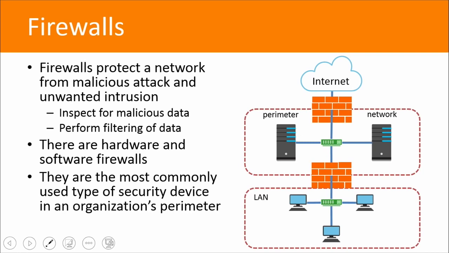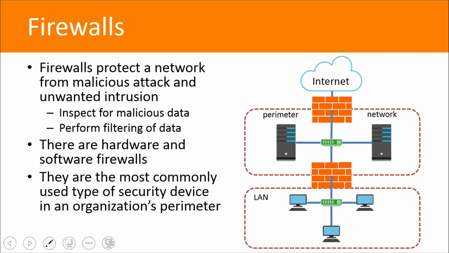Whether it's an extranet, an intranet, or just a plain old simple LAN. Something that's cool to know about firewalls is they can be implemented as software or hardware. There are devices that are dedicated firewalls, and then there's software that can be run on a server or even on a local machine in order to filter out traffic and inspect for malicious data.